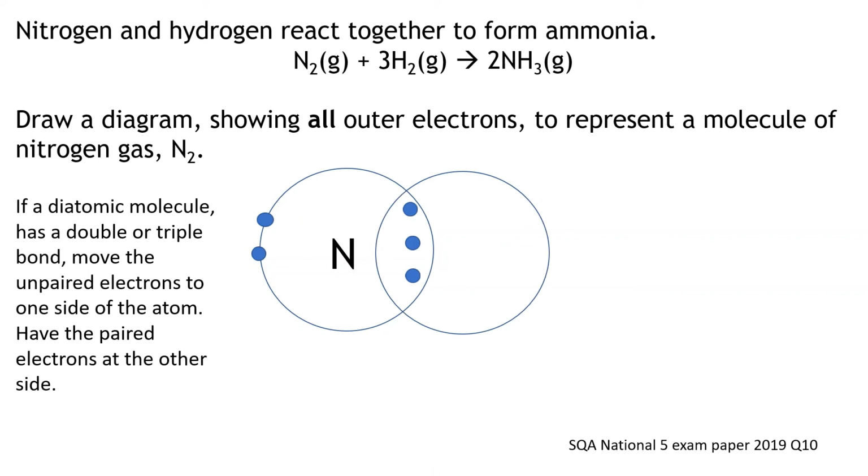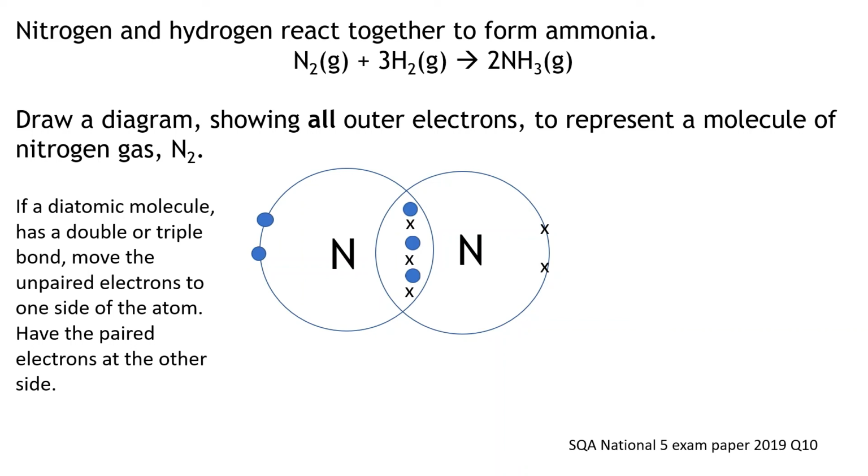So if we have another nitrogen atom and we add our 5 electrons, the first 3 we can pair up with the ones from the other nitrogen atom, leaving 2 at the other side. Then we've got this triple bond being formed with 3 pairs of electrons. And also we have the stability associated with having 1, 2, 3, 4, 5, 6, 7, 8 electrons present on the outer energy level of each nitrogen atom.